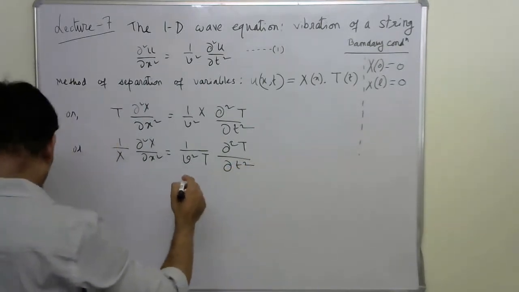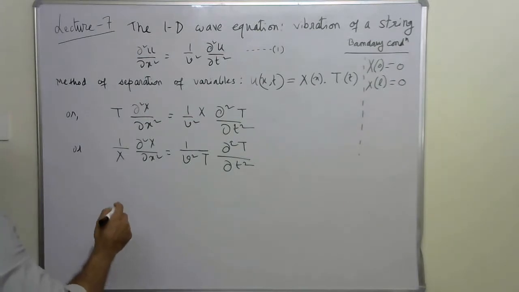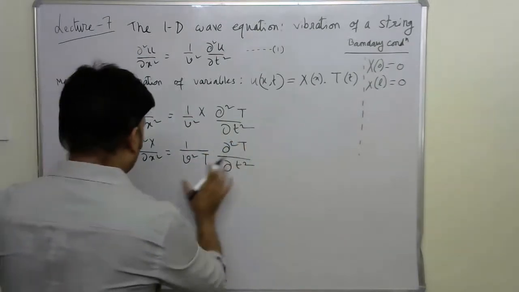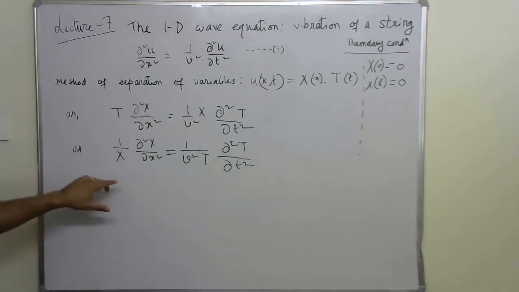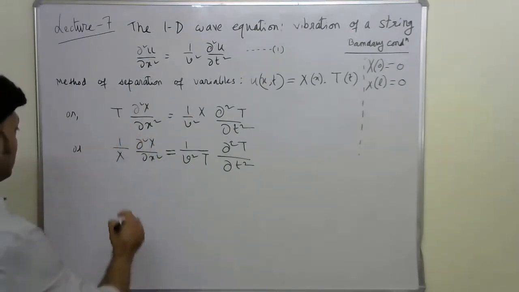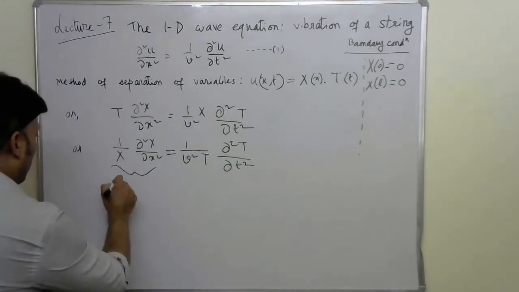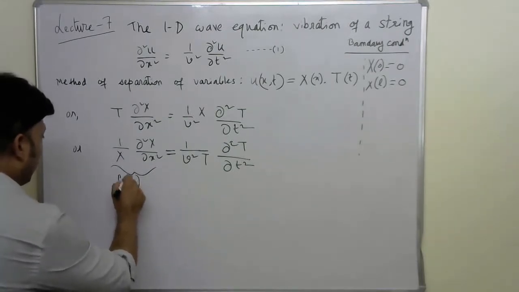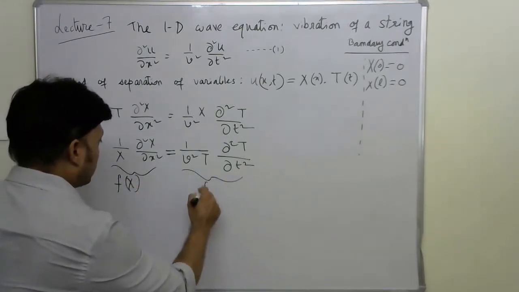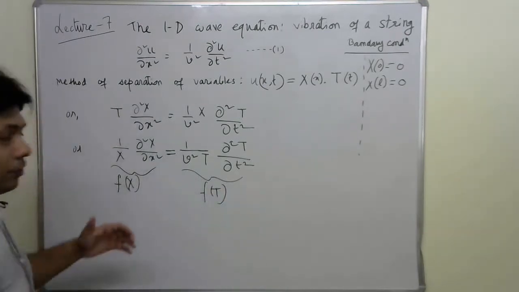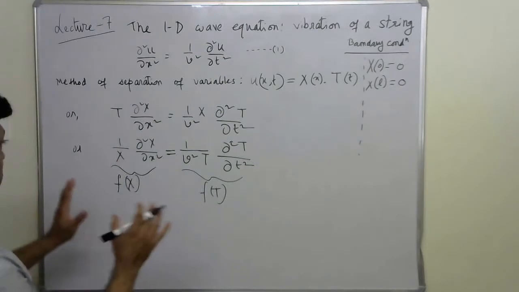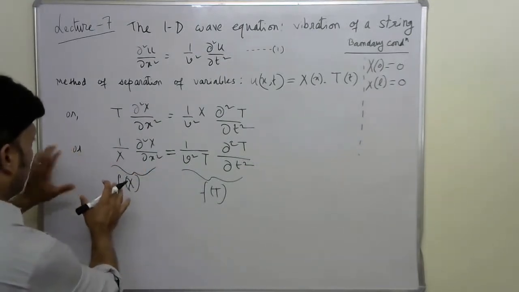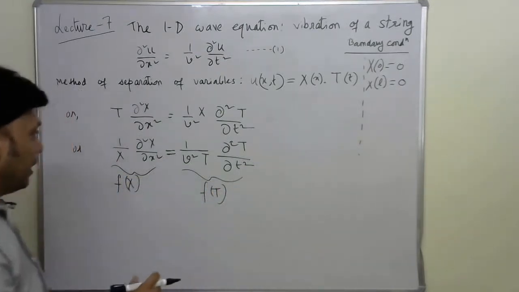We can call this an equation with separated variables. This part only contains x, so it is a function of x only, and this part is a function of t only. So we got our first success: we were able to separate the two variables, x at one side and t at another side.